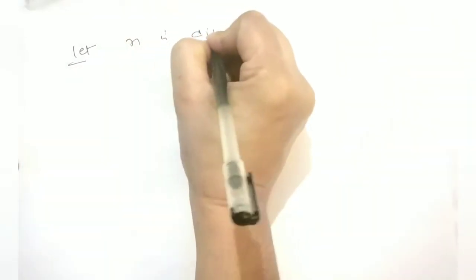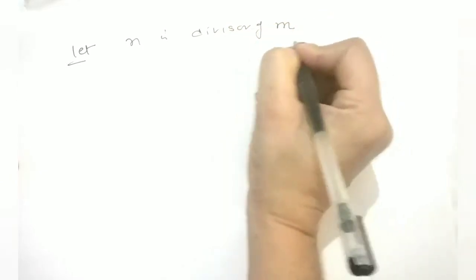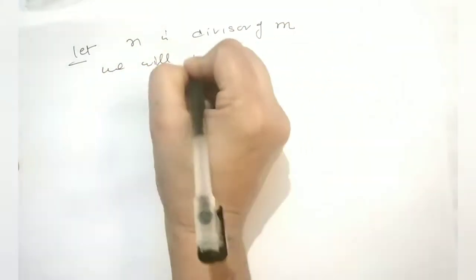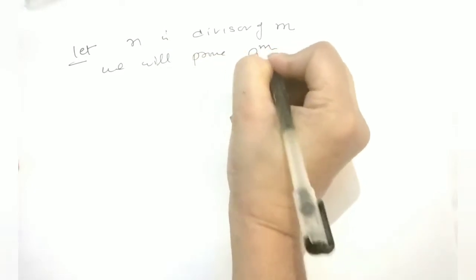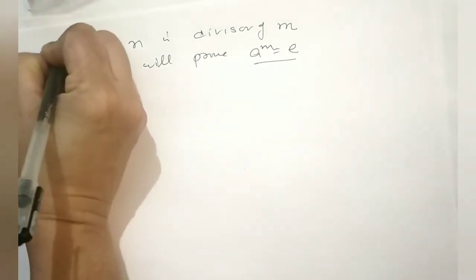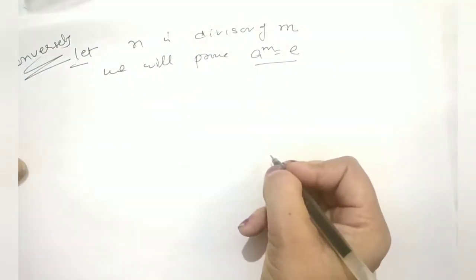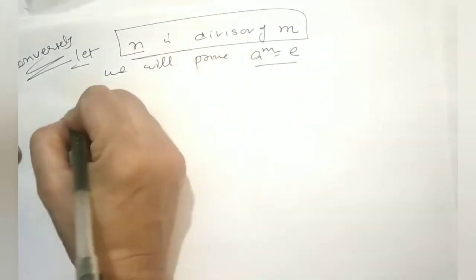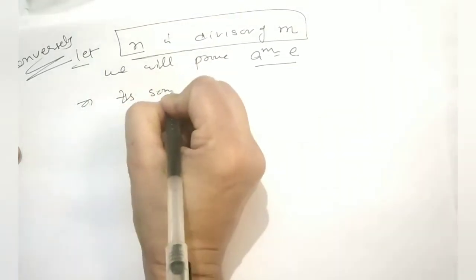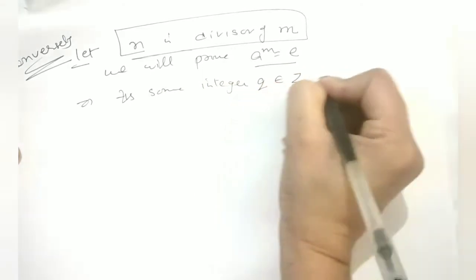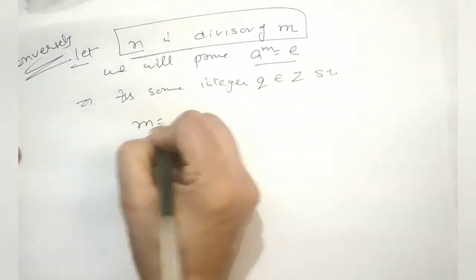Now for the second part, let n be a divisor of m, and we will prove a raised to power m is identity. The second part is called the converse part. Conversely, we have taken n is a divisor of m, therefore there exists some integer q belonging to Z such that m is equal to nq.